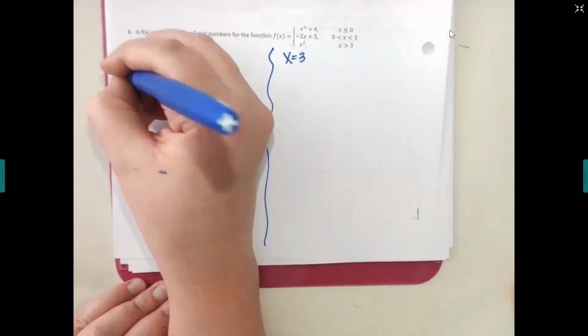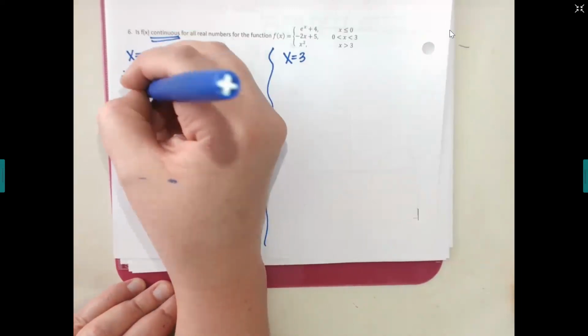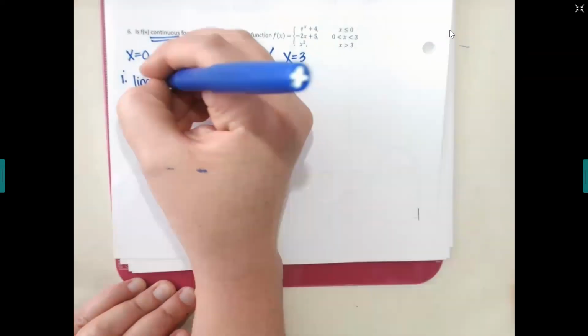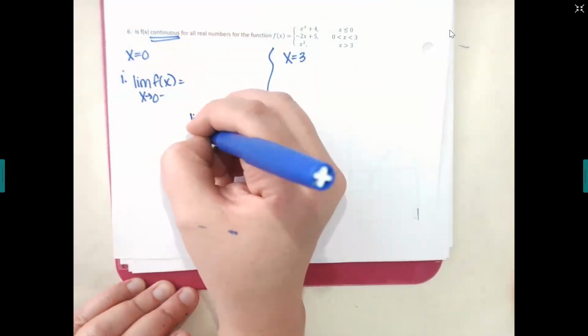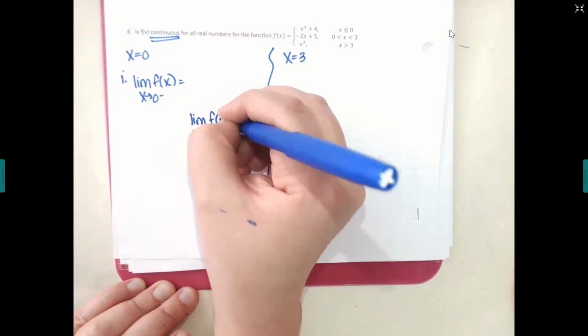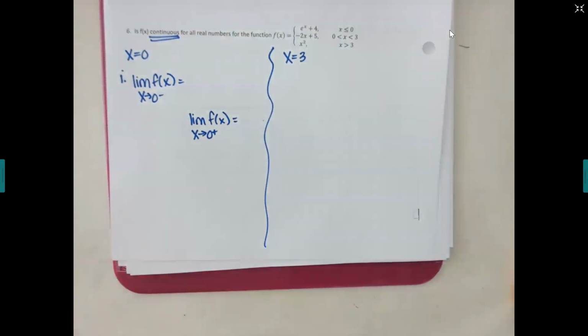So step number 1, limit x approach 0 from the left, then x approach 0 from the right. Okay, now looking at your piecewise, there are only two pieces that touch 0. My less than 0 is at the top.